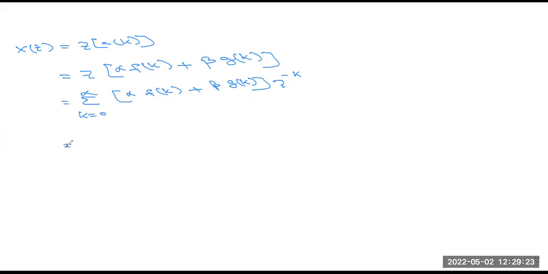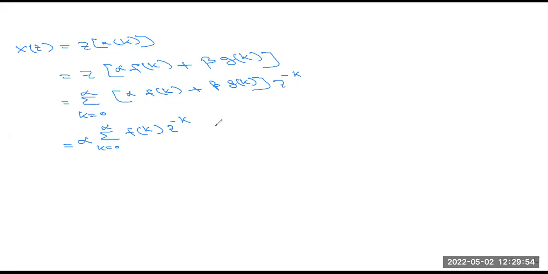Now you know that this alpha and this beta are basically constant terms. In our Z transform method, a constant term is not affected, so we write the constant term on the outer side, that is alpha into the summation of k equal to 0 to infinity of f of k z to the power minus k.